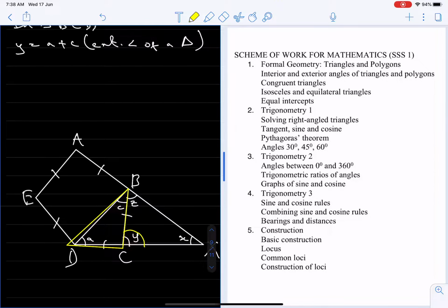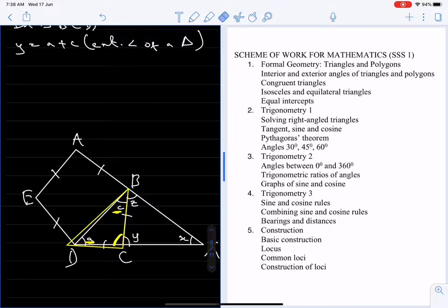What you do to determine the angles that are opposite interior to this exterior angle is complete this part. This is what you need to add to y to make it 180 degrees. So once you complete this part, the remaining two angles inside the triangle will be the interior opposite angles, and those are A and C. So that's how to determine the interior opposite angles to an exterior angle of any triangle.